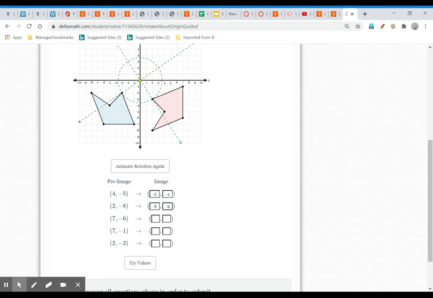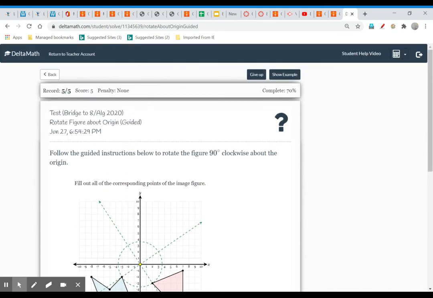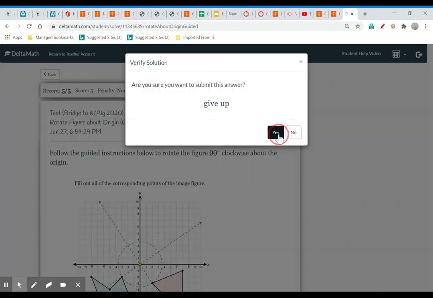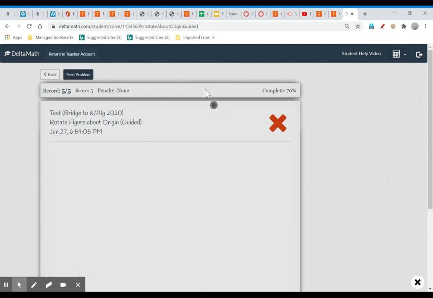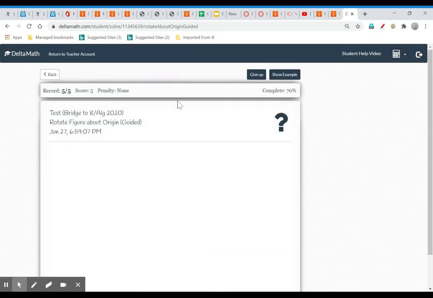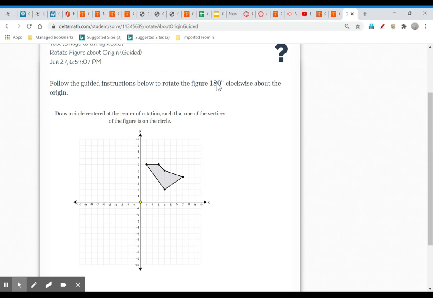It also on some of these will ask you, let me do a next problem. Give up. Yes, I want to give up and try another problem. Some will ask about a 180-degree rotation, others will ask about a 270.